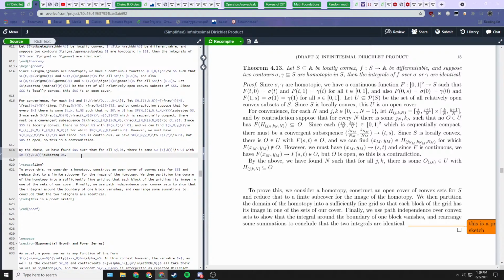So now we want to use these squares to show that these integrals are 0. So by the previous theorem, it follows that, let's see.